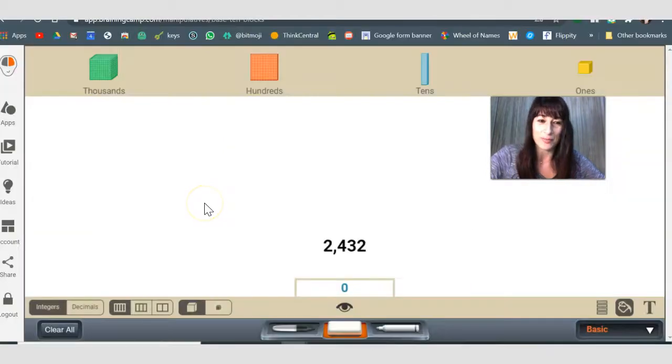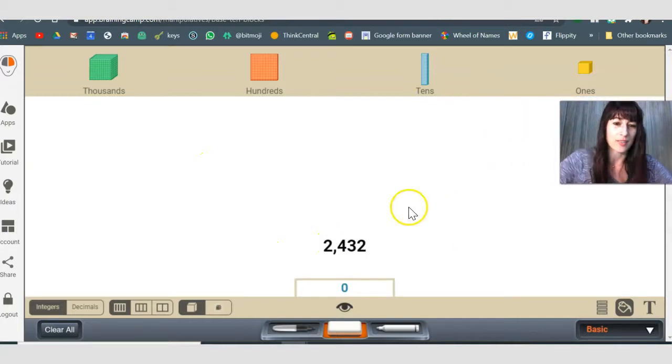Let me take you to this website. I know you guys remember we used it in the classroom. So here we have this number, 2,432. Let's see if we can use our base 10 blocks to represent this number. Let's begin with the ones. So we need to grab 2 ones. 1, 2. Okay, very good. Now how many tens do we need?